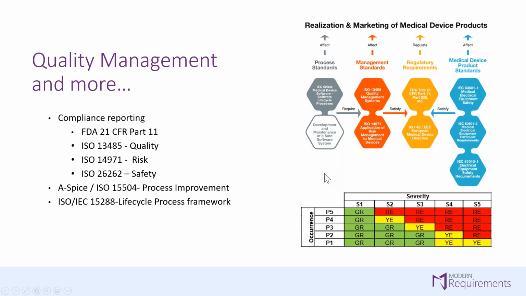Oh yeah, by the way, one thing that Modern Requirements does: say you've got a work item, say a hazard work item or a risk work item, and based on, say, severity and occurrence values, a third parameter is calculated.